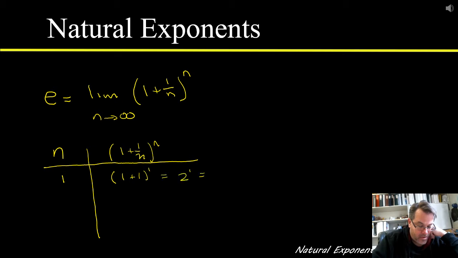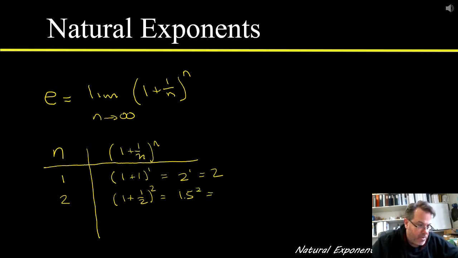Which is 2 to the 1, which is 2, right? If n is 2, then this will be 1 plus 1/2 squared, which equals 1.5 squared, which you can put in your calculator, and that gives you 2.25.